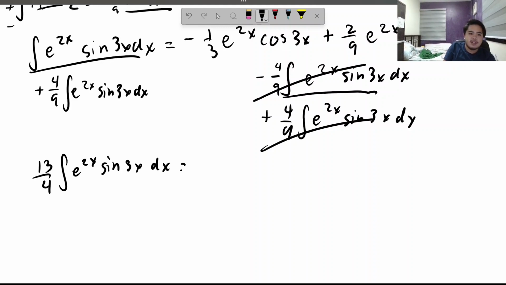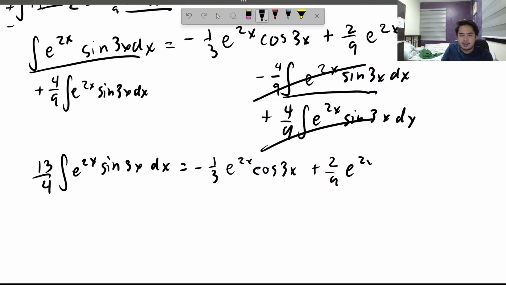There we go. And then, let's just copy the right hand side, sans this. Plus 2/9 e to the 2x sine 3x. What we can do here is actually to multiply by 4/13. Why do we do that?